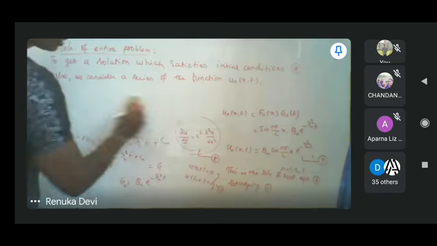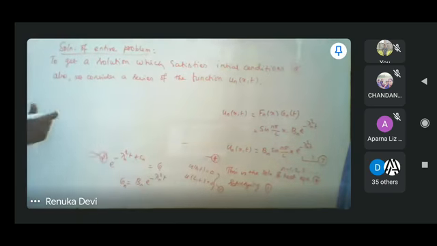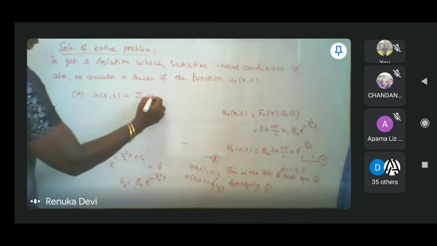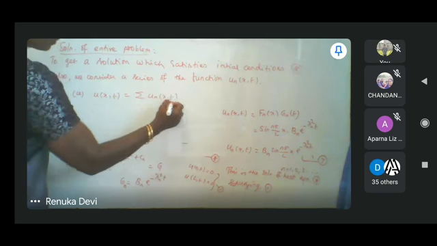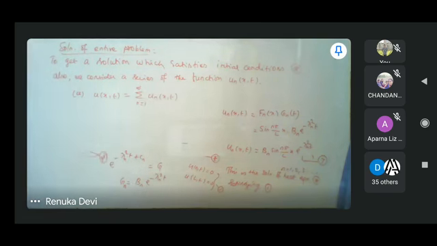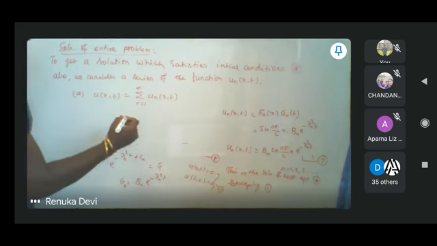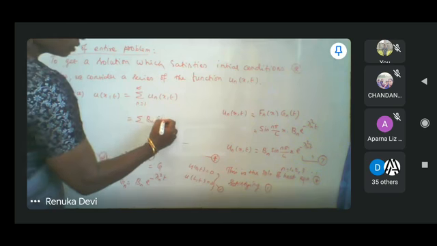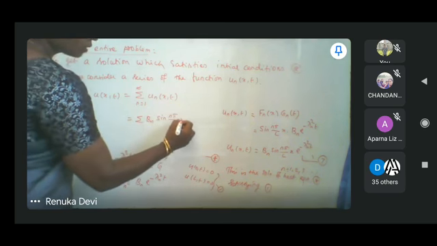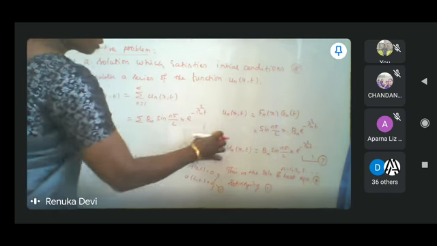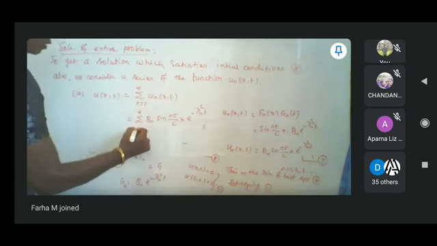That is, we take u of x comma t equal to sigma un of x comma t. This is equal to sigma Bn sin n pi by L x e raised to minus lambda n square t, n equal to 1 to infinity.